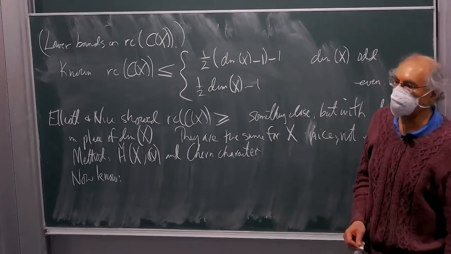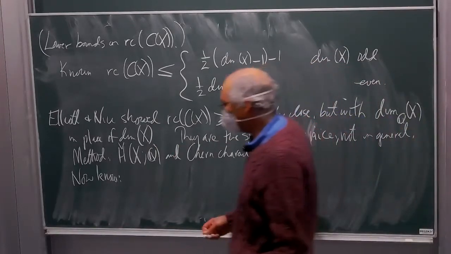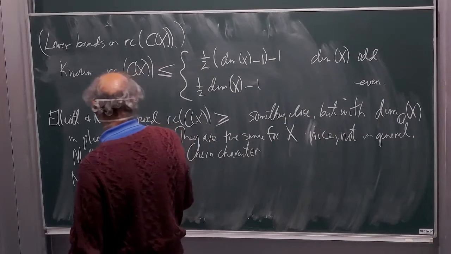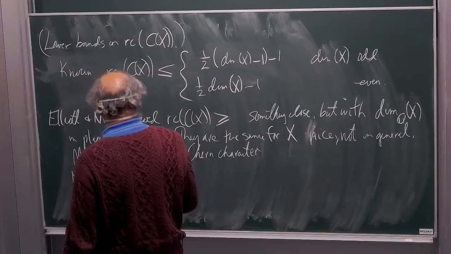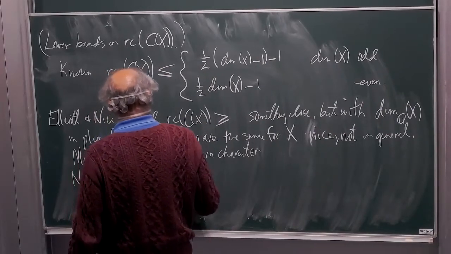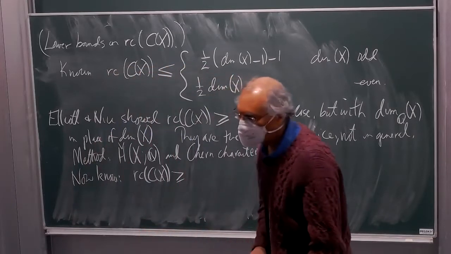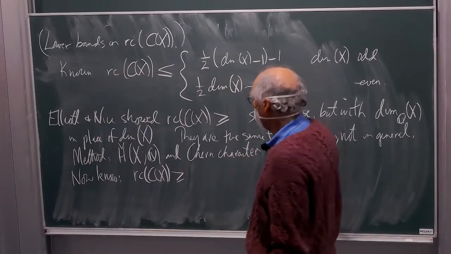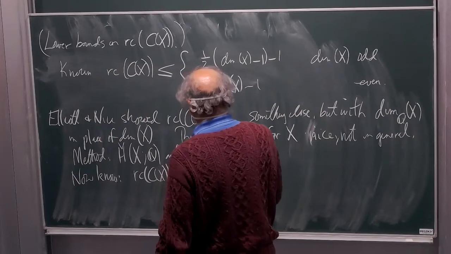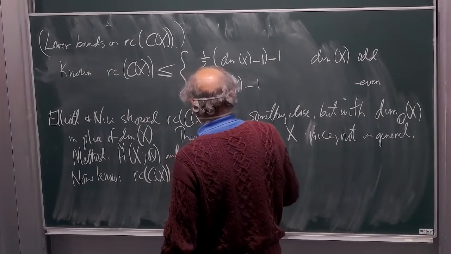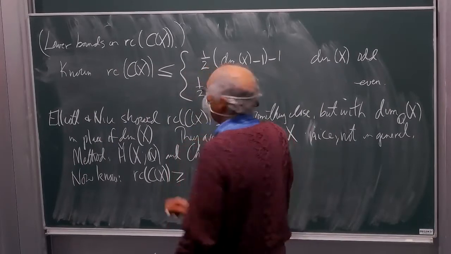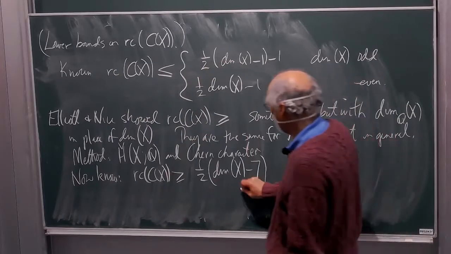We don't know how to do the analog yet, but we now know a better theorem that RC of C of X, and this can surely be improved, is bigger than or equal to 1/2 of the dimension of X minus 7. And this is the covering dimension.